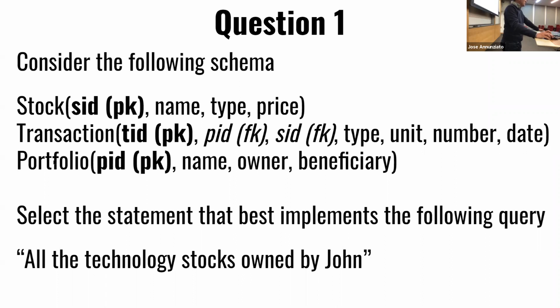If I only join these 2, portfolios and transactions, I'm only retrieving transactions and portfolios. I'm not retrieving the actual stock, so it kind of hints that I really want all 3. Perhaps this might be better if it said, give me the names of the technology stocks owned by John. Then it would be clear that you need to join all 3.